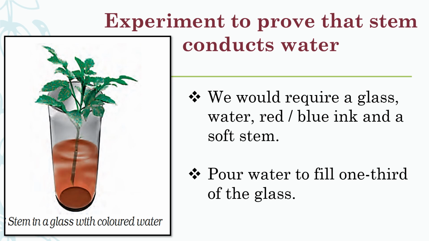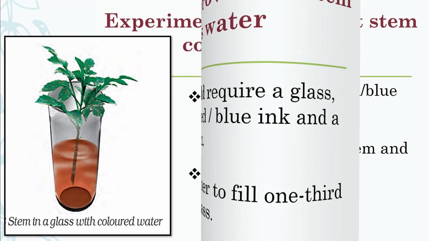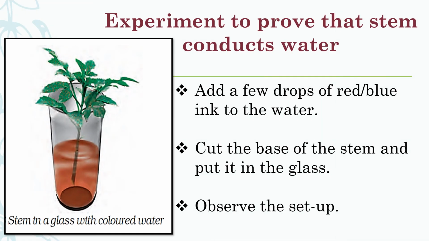Pour water to fill 1/3 of the glass. Now add a few drops of red or blue ink to the water. Cut the base of the stem and put it in the glass. Now observe the setup.